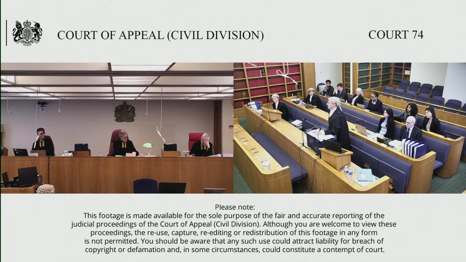That challenge was then pursued before the Upper Tribunal. In light of the Upper Tribunal's decision, it disallowed all the categories, and then the company's appeal from that decision, including in relation to those categories that were argued before the Upper Tribunal, for the reasons that I've just given.